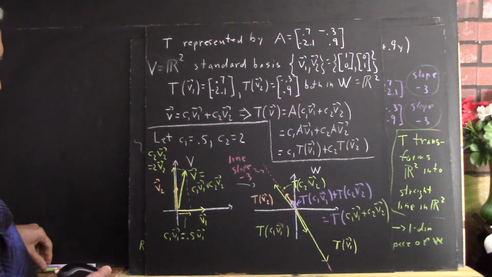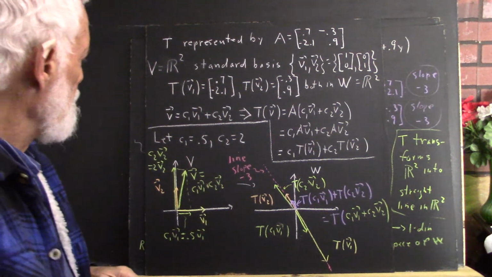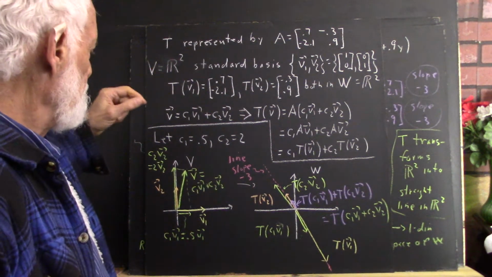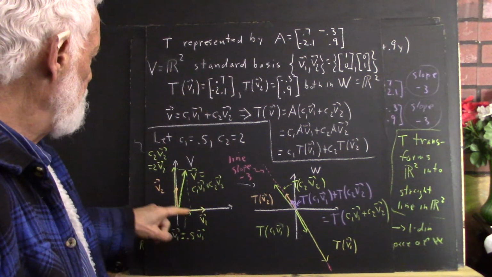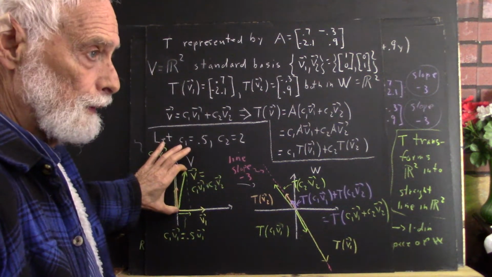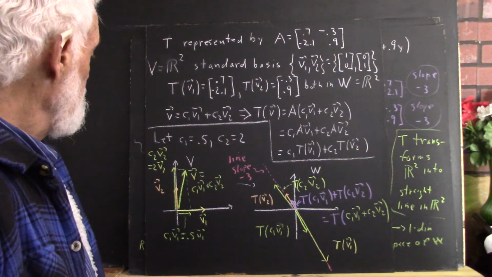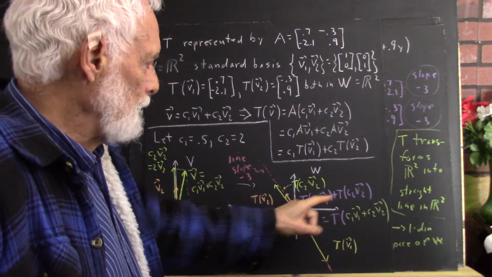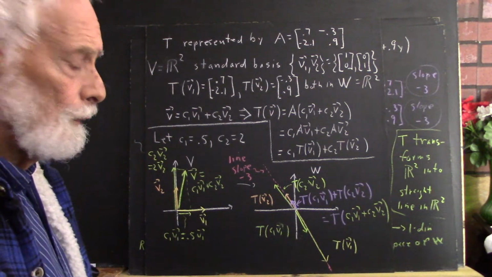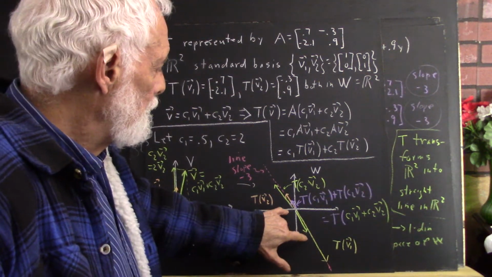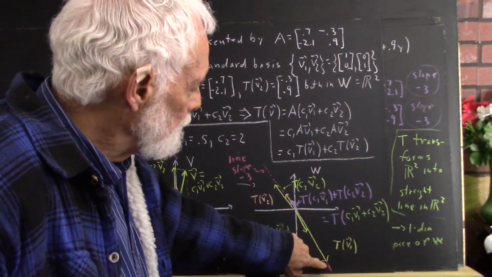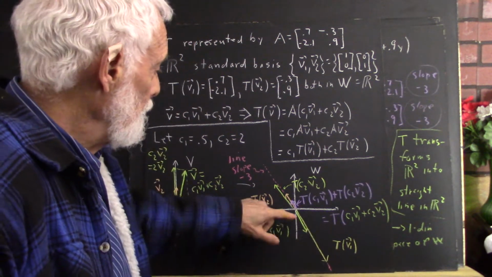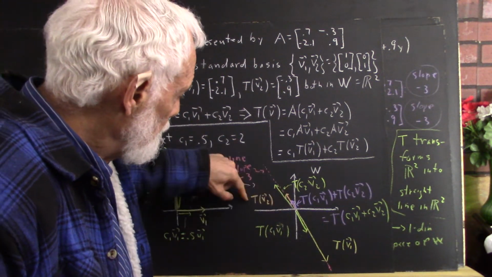Now the main idea is then, again, that if we apply the transformation to a linear combination of V1 and V2, such as this, what we get is the same linear combination, the same C1 and C2, of this transformed vector T of V1 and this transformed vector T of V2.